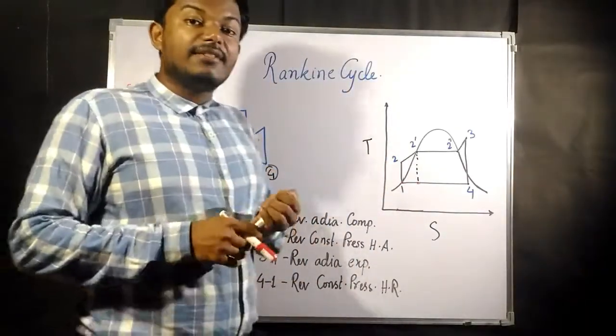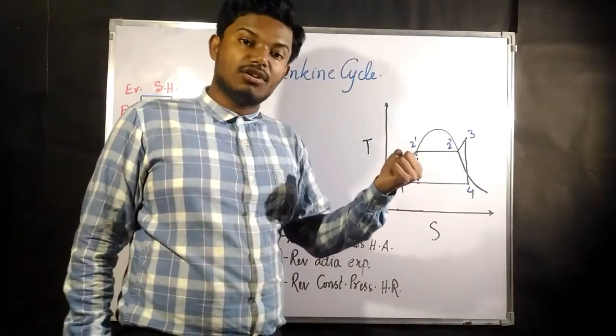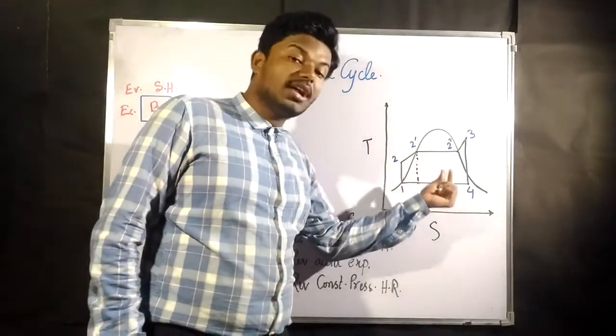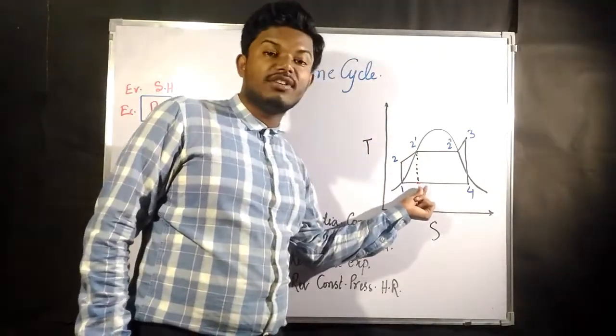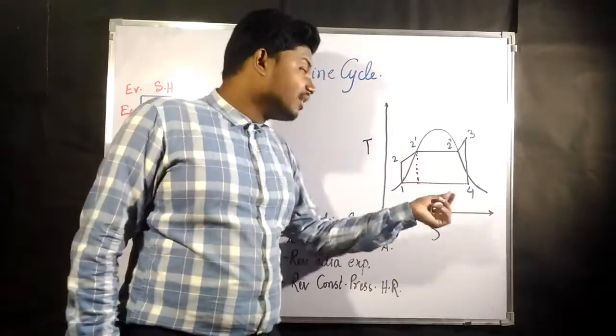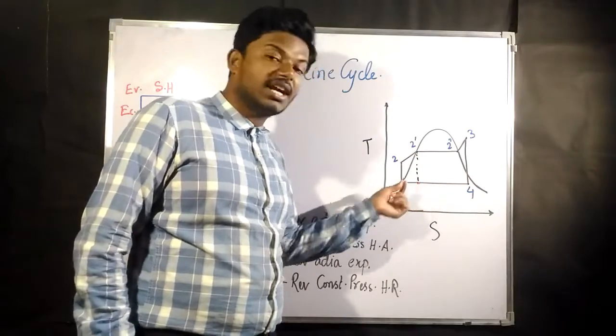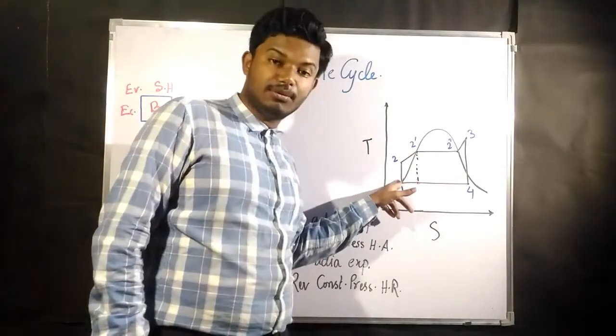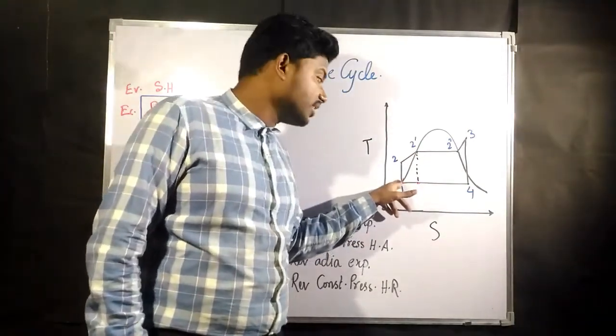That means from the condenser of the Carnot cycle, the product coming out was a mixture of liquid and vapor. Now in the Rankine cycle, whatever product is coming out of the condenser is nothing but saturated liquid.